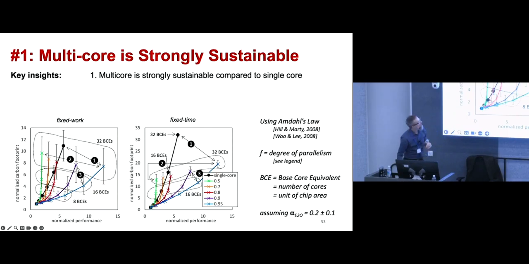So the first insight is that multi-core is strongly sustainable compared to single core. If we compare this design point, 32 BCEs single core, versus 32 BCEs used for multi-core, we end up with higher performance and reduced carbon footprint, both under the fixed work and the fixed time scenario.